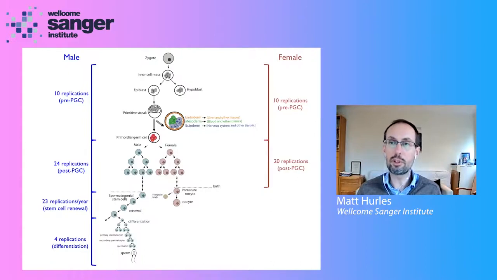And those sperm are produced throughout a man's life. What that means is that the sperm produced by an older man have typically gone through more cell generations, or been copied more times, than the sperm of a younger man. And it also means overall that the DNA that comes from a father has gone through many more cell generations than the DNA that comes from the mother.